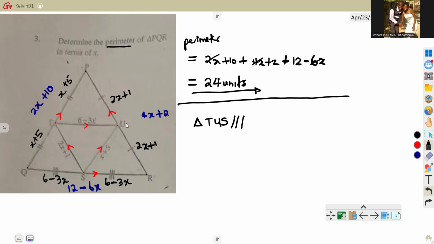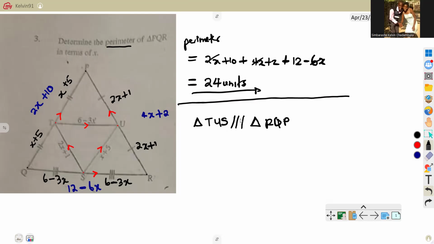Here TU, this side, corresponds with this side where they are parallel. Then this side, US, is going to correspond to this one. So it's similar to triangle RQP.